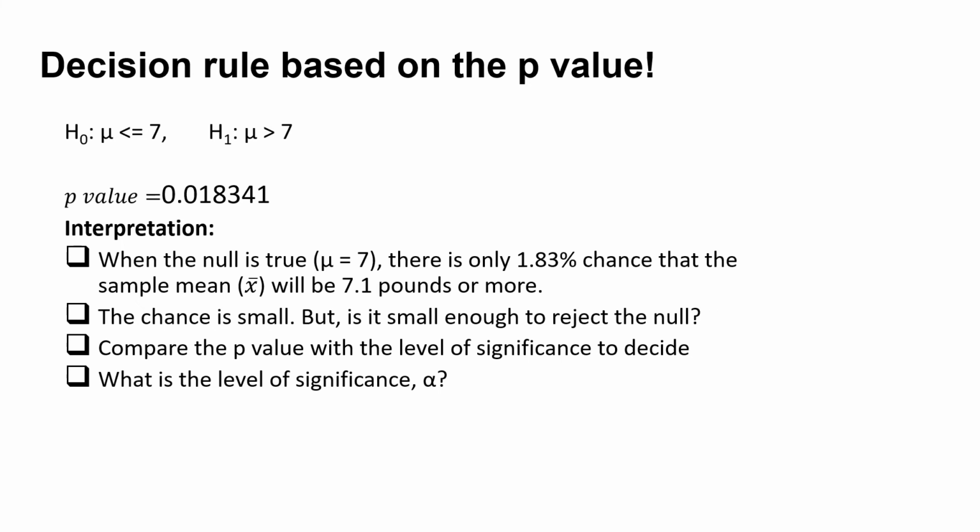But is this small enough to reject the null? As a decision rule, we should compare the p-value with the level of significance, also called the alpha value. Before making any decision on the null, this is the thing we need to do. Now you may ask, what does the alpha value capture?